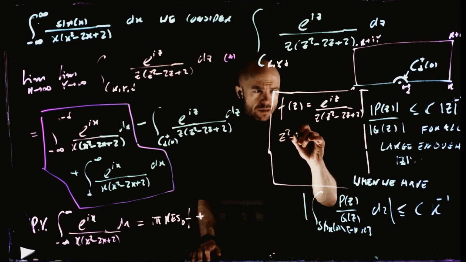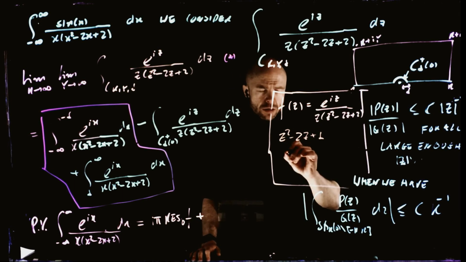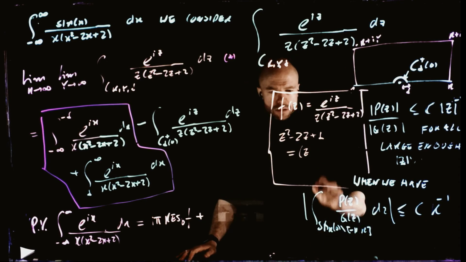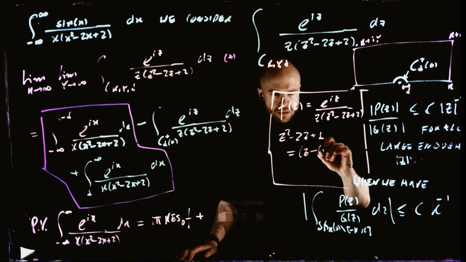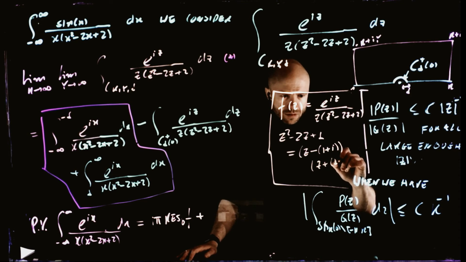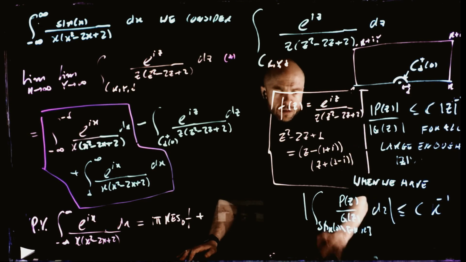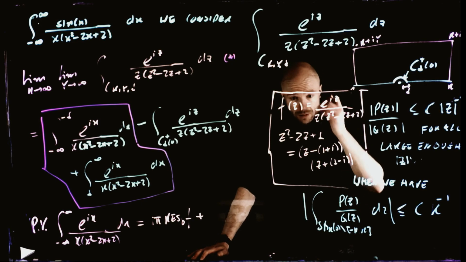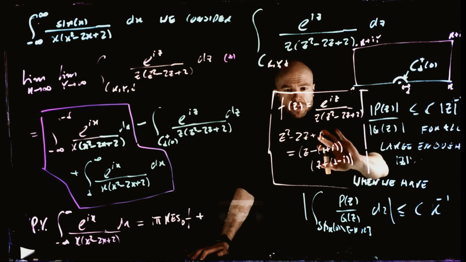So z squared minus 2z plus 2 is z minus (1 plus i), z minus (1 minus i). Is that correct? Let's check. So multiply this by this, we're going to get, this is not 1, it's 2.